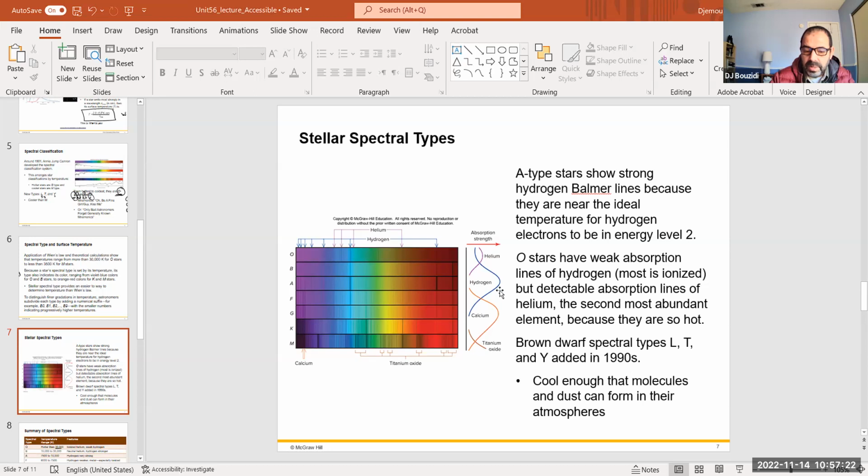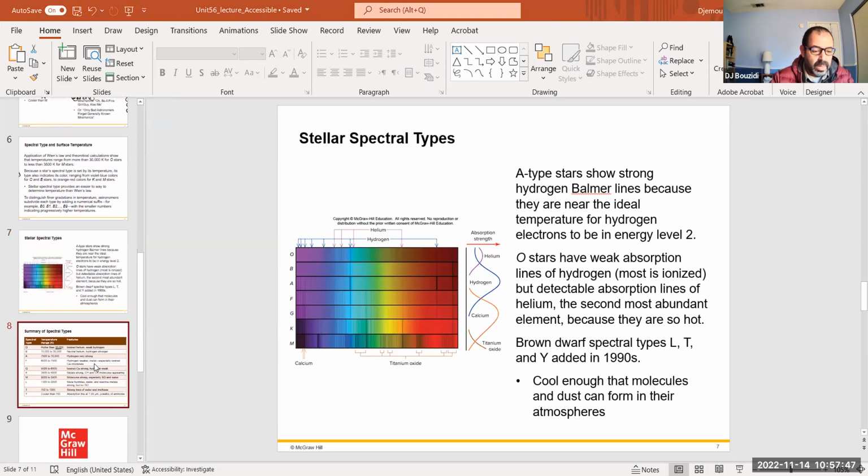Hydrogen will be in the atomic form, therefore it can be ionized. It can be excited to emit light, so you can have a spectrum for it, all the way to calcium and other elements that can represent cooler stars, in which case you don't have high enough temperatures to even produce light from the others, or at least it's very little intensity for the other stars.